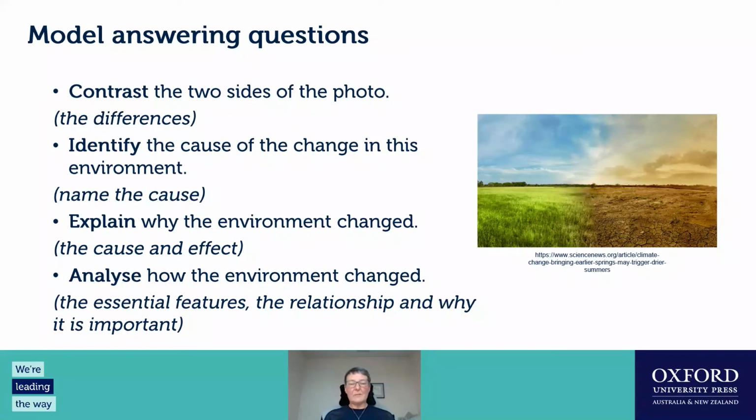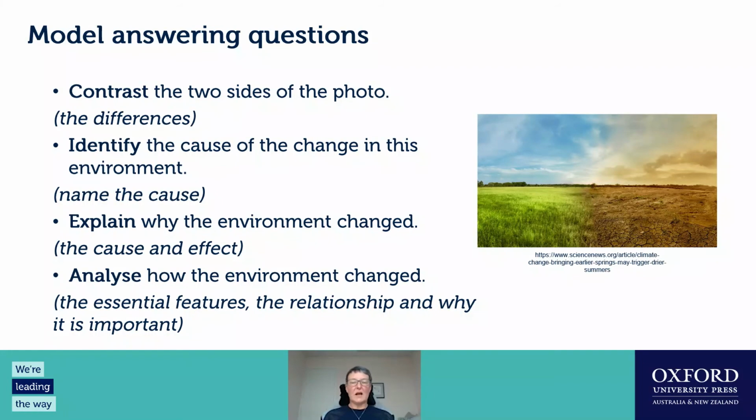Analyze how the environment might have changed. That means you need to be able to compare the essential features. You need to be able to explain the relationship between the two, or the similarities and differences, and you might need to explain why it's important. So analyzing the two sides is looking at the similarities between them. It is a similar environment.